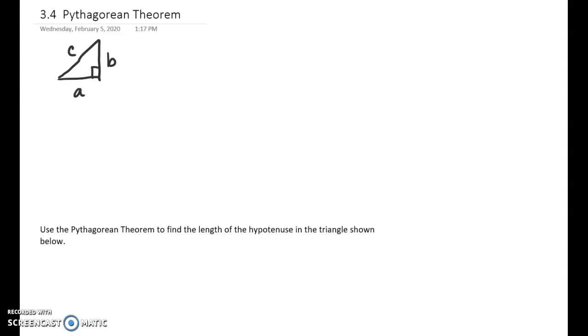First of all, the shorter sides, A and B, are called legs. They're the legs of the triangle. So C, though, is called the hypotenuse. Hypotenuse.